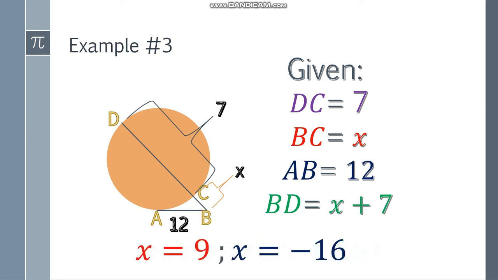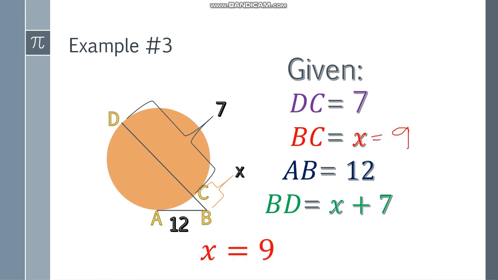So X equals 9 and X is equal to negative 16. Again, we cannot accept negative values in measurement. So we're going to accept X as a value of 9. So BC is 9 and BD is just 9 plus 7 equals 16.